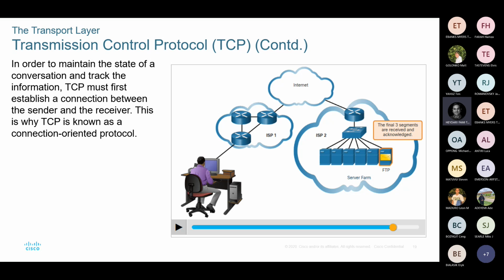When we are talking about UDP, we are saying that it's a connectionless protocol. When we are talking about TCP, we are saying that it's a connection-oriented protocol. What do we mean by that? Connection in this context relates to a session that is established before the actual transfer of data.